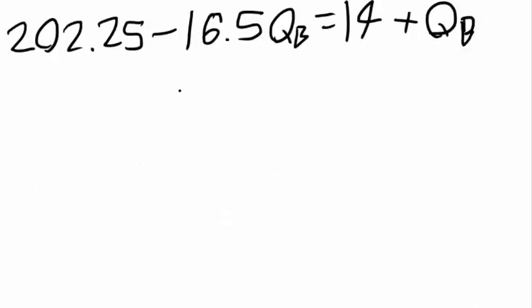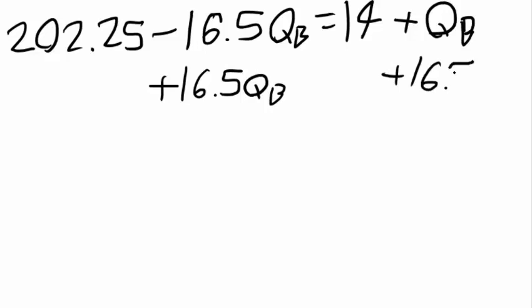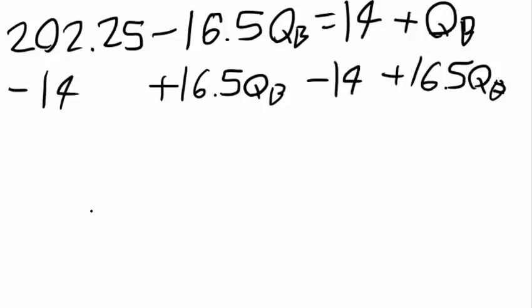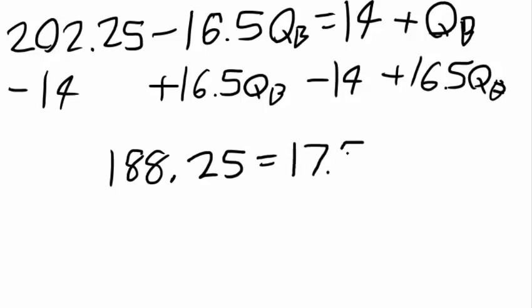And we want to find QB. So we will add 16.5 QB to both sides, and subtract 14 from both sides. And we get 188.25 equals 17.5 times QB.